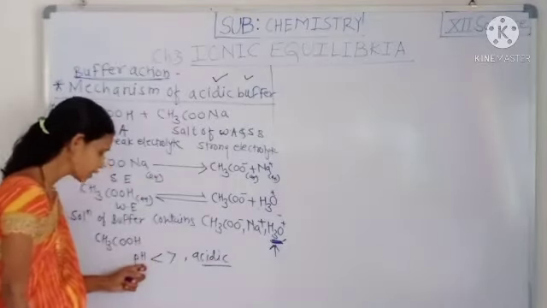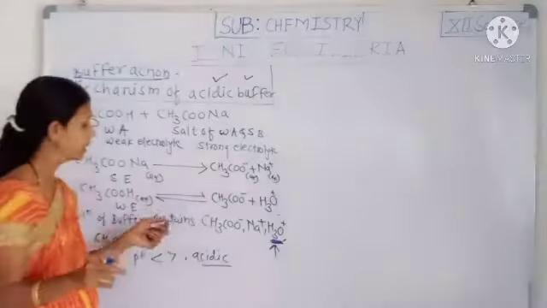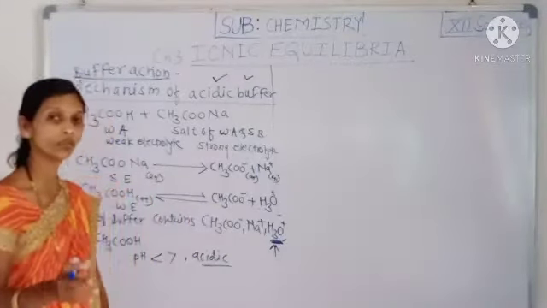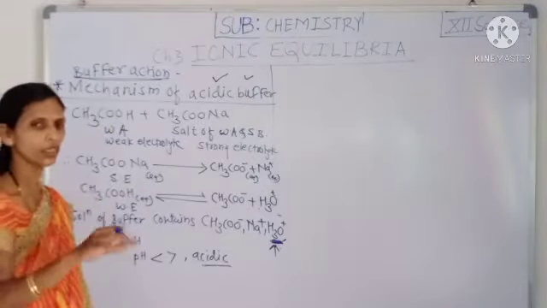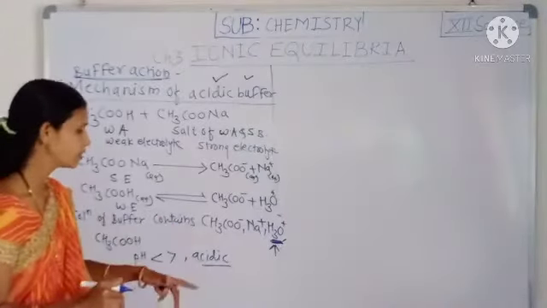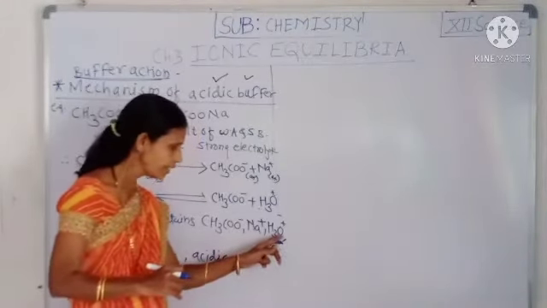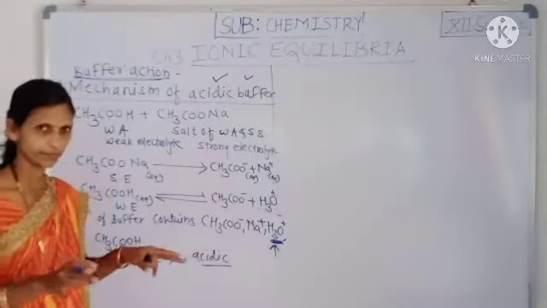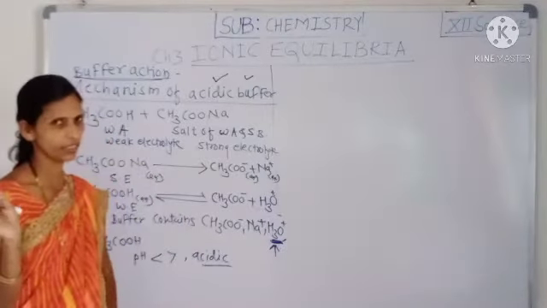The pH of that acidic buffer does not change even after addition of strong acid, strong base or water, because if the hydronium ion concentration remains constant, the pH does not change.